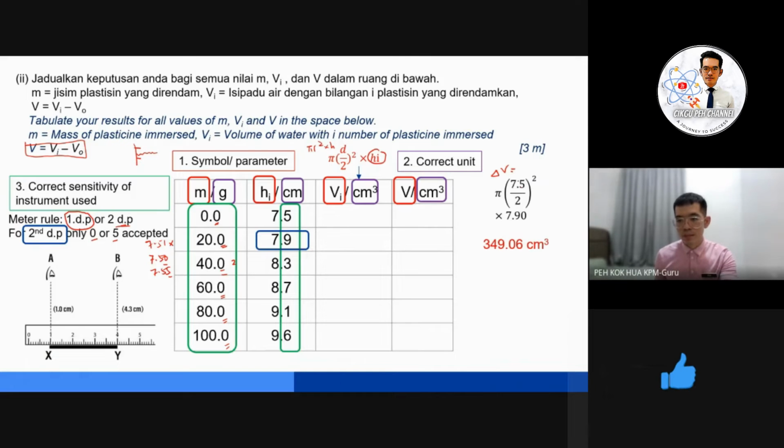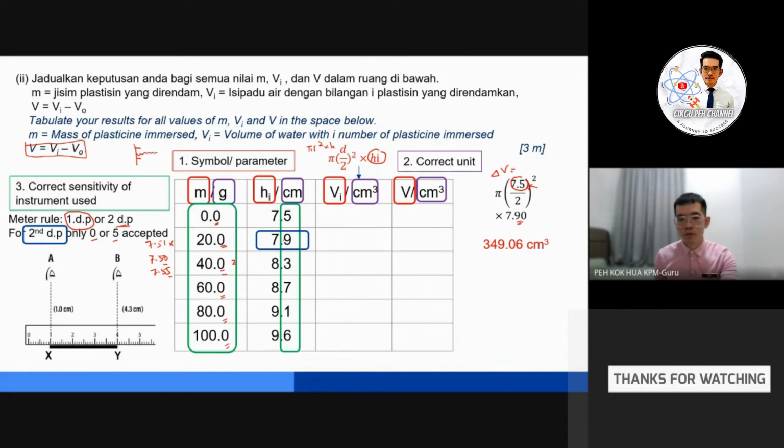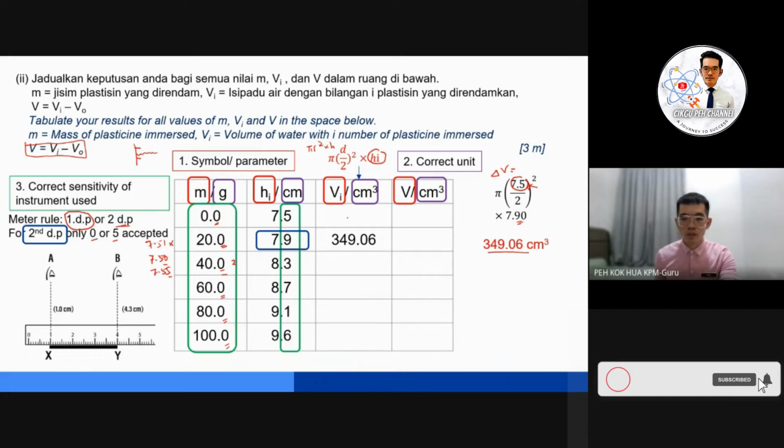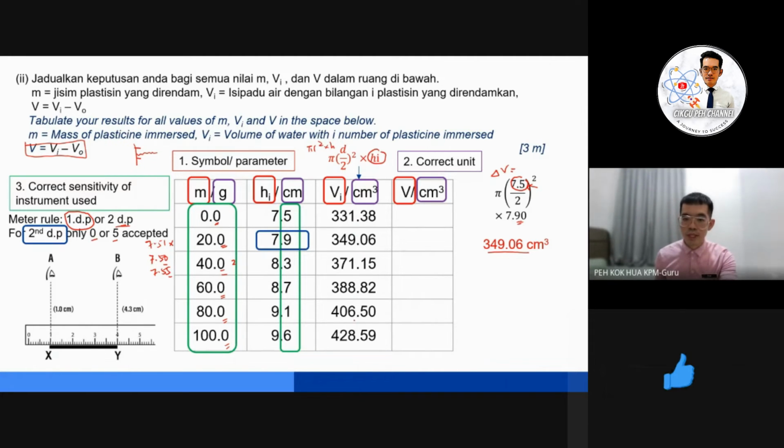You substitute 7.5, which is the diameter of the opening mouth of the glass jar and is always the same, and hi is the height for the number of plasticine put into the water. So when we put in 1 plasticine, the water level height will be 7.9, and you get the value 349.06 here. The others will use the same method to calculate, and you will get the values given here.